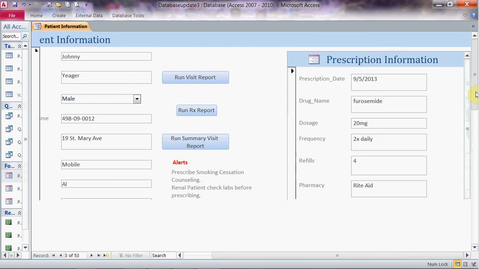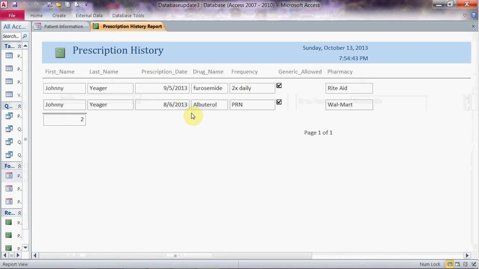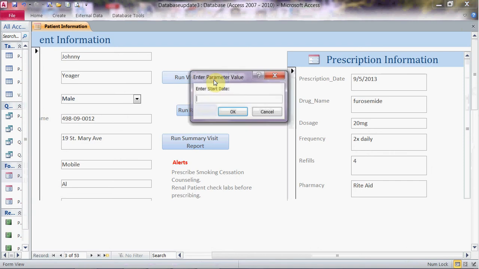Again, we can also run a prescription report to show all medications that Mr. Yeagert has received. We can run a visit report to show the dates that he has come in.